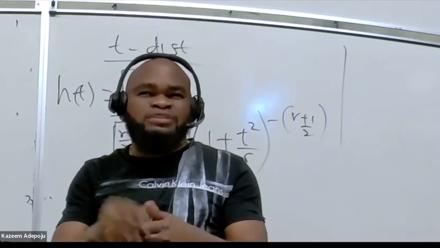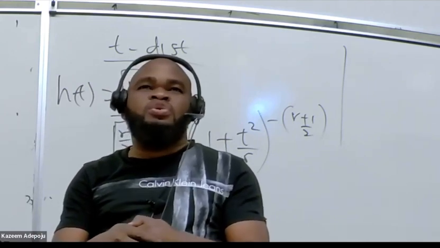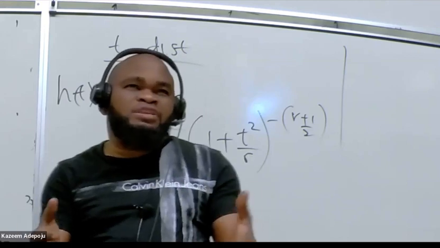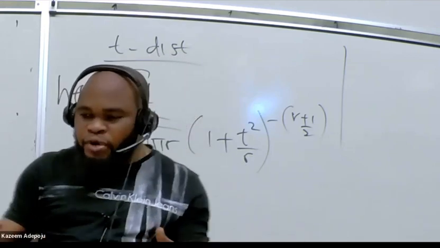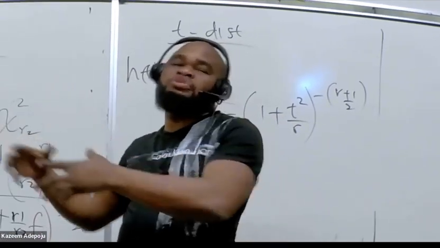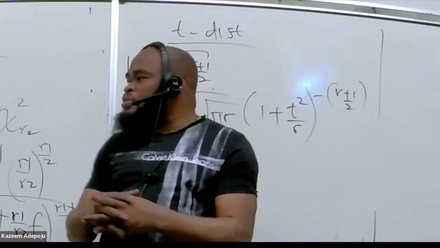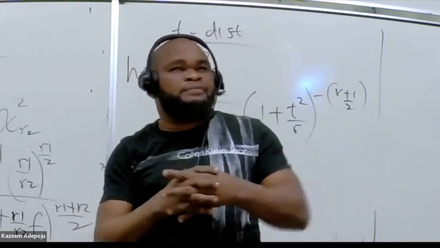Has anybody heard about the z-test? If you haven't, the z-test is only possible because of the normal distribution. The t-test is possible because of the t-distribution. The f-test is possible because of the f-distribution.